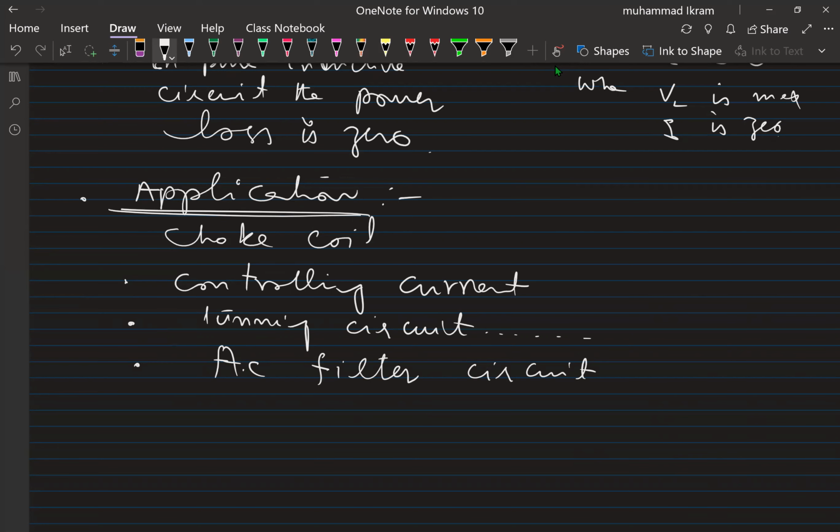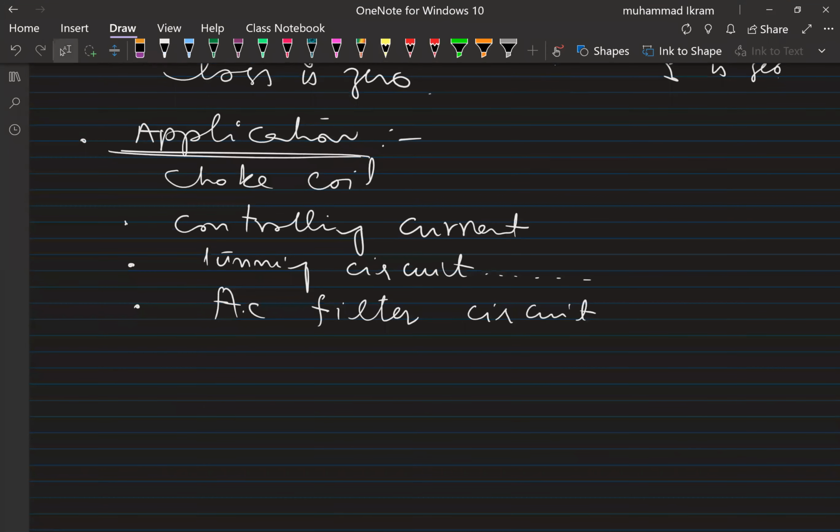In that circuit, the inductor is used to remove the smallest possible AC frequencies that exist there. So this is used to prevent electrical signal along the undesired path. So these are the applications of the AC circuit.